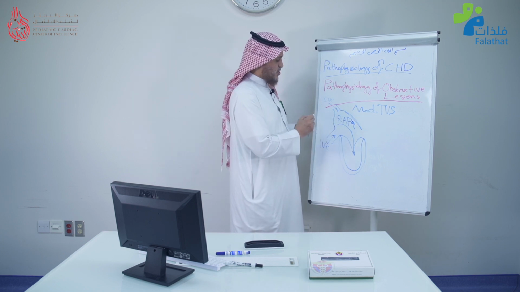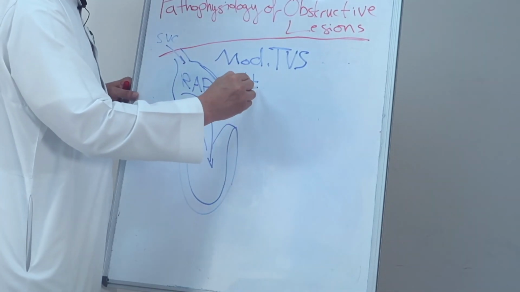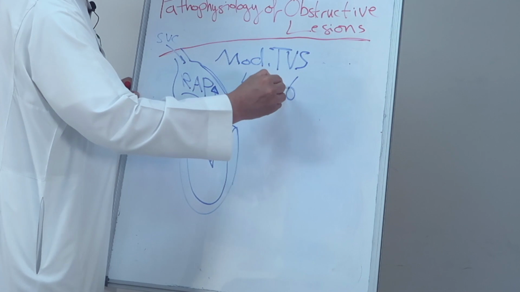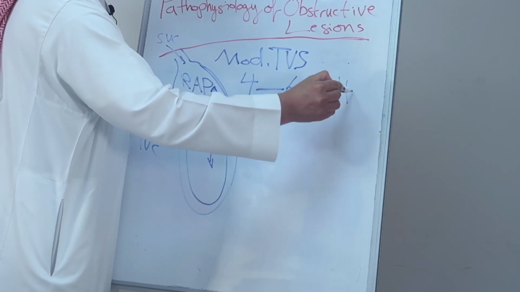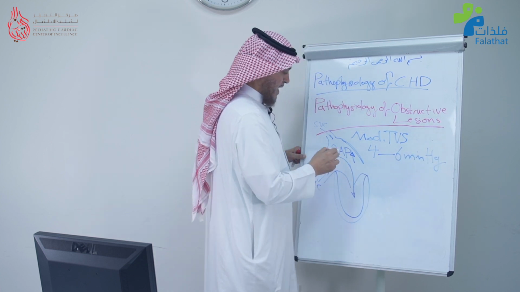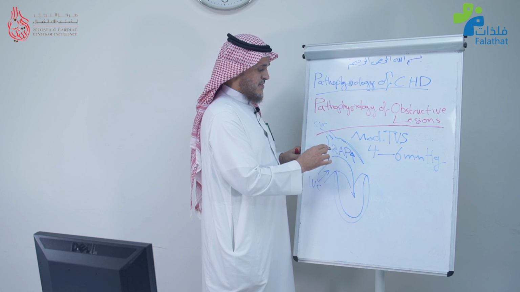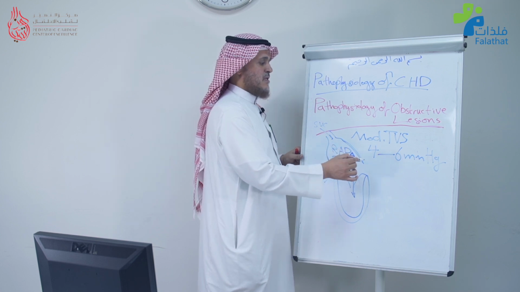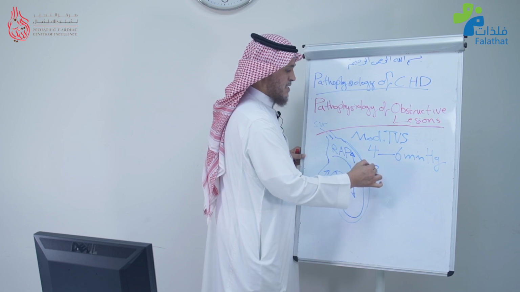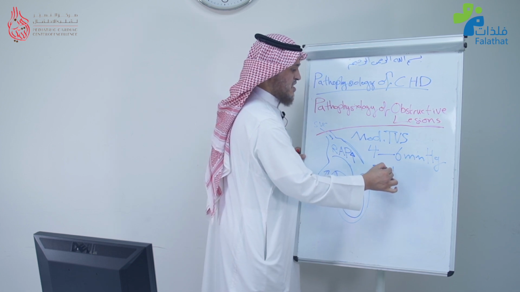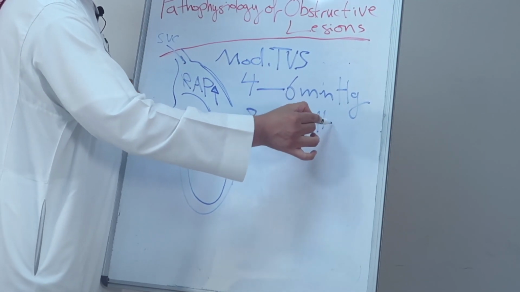Normally, the right atrial pressure is anything between 4 to 6, maybe to 8 millimeter mercury. So in a moderate tricuspid stenosis, this pressure may elevate up to anything between 8 to 10 millimeter mercury.